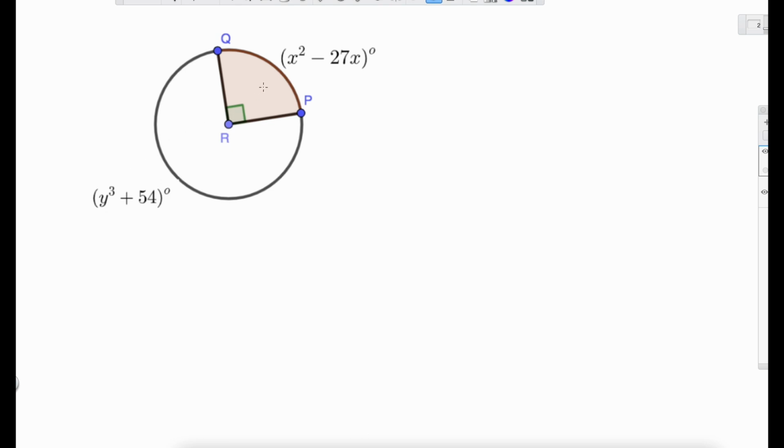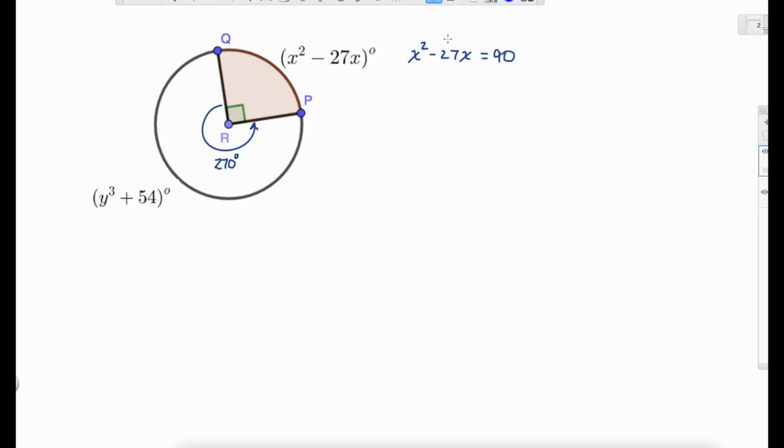I know this is 90 here, so this angle here is 270. I'm going to write two equations. Let's do the x first. I've got x squared minus 27x equals 90.